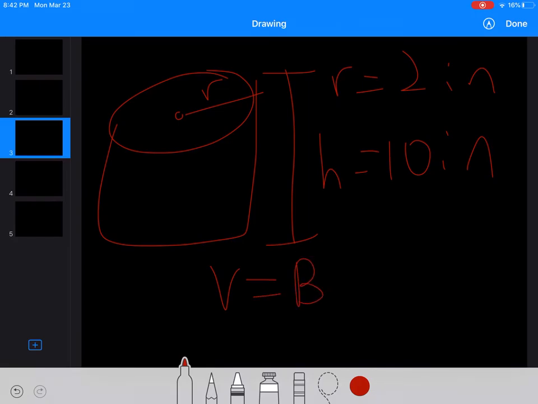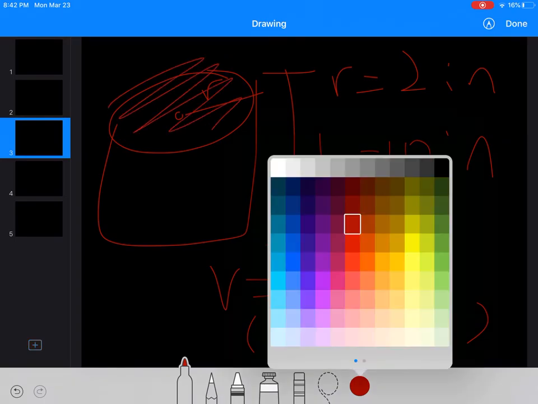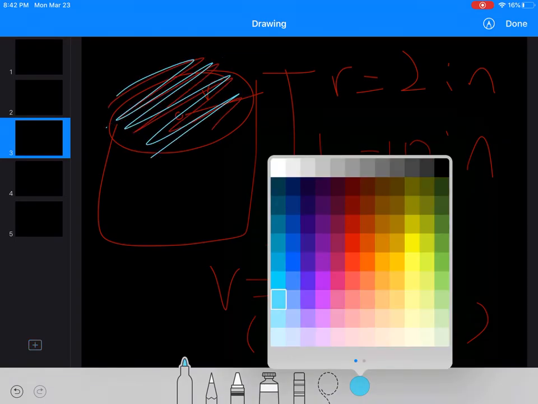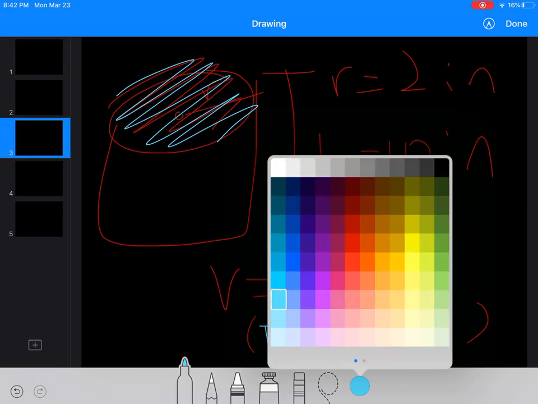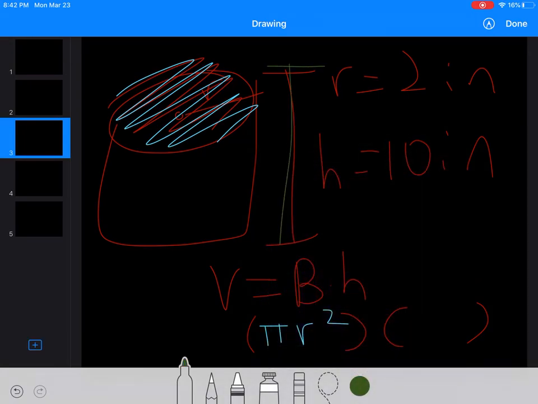Volume is capital B times H. Capital B is just that base, so that's going to be pi r squared, and h, let's just do that one green. So that's our h that we care about, which is 10 inches.